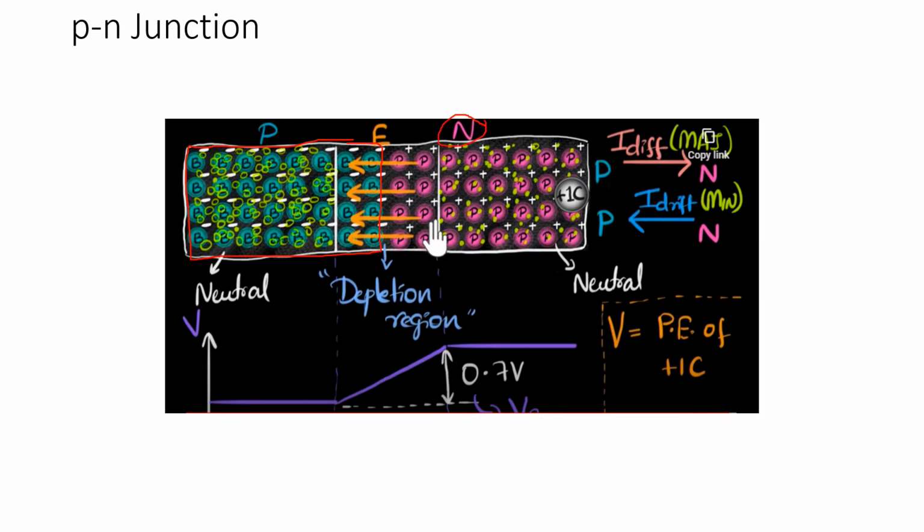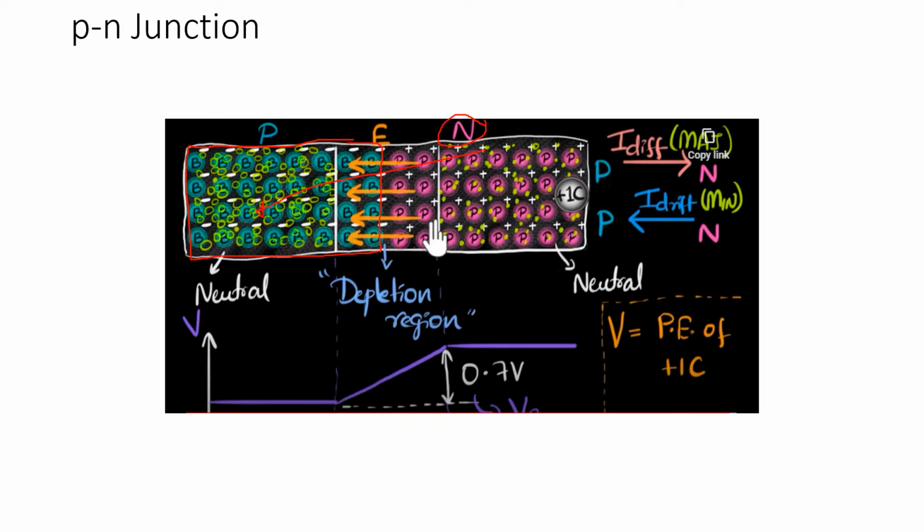So, there is a p-type impurity added on the left side and n-type impurity added on the right side. When such a thing happens, the current flows due to the potential gradient from p-type to n-type. Hence, holes move from left side to right side and electrons move from right side to left side.